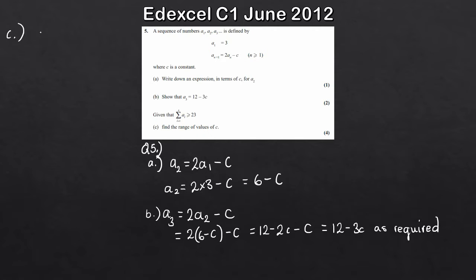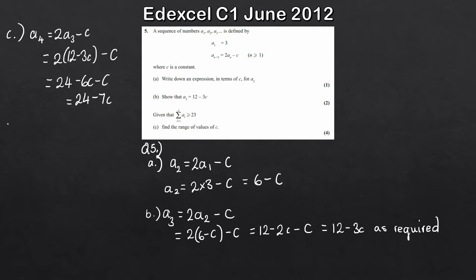Okay, so let's work out A4 first. So that's 2 lots of the previous term, so that's 2 lots of A3 minus C. So what will that give us? Well, that's going to give us 2 lots of 12 minus 3C. And then we subtract a C off at the end here. Simplifying this would be 24 minus 6C minus C. That's 24 minus 7C.